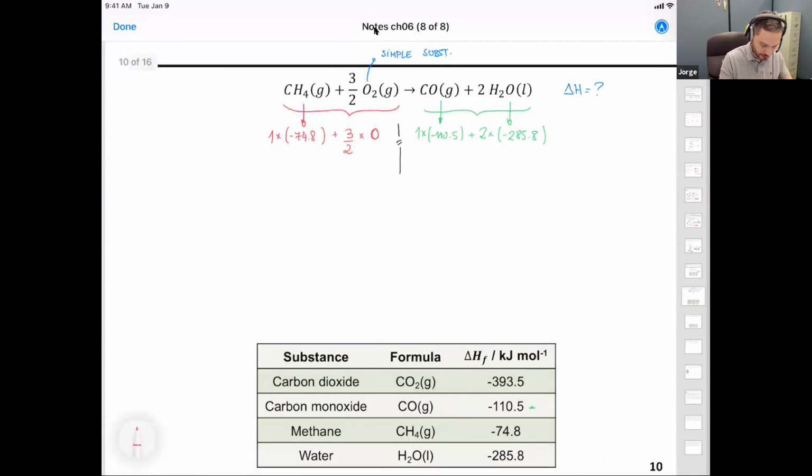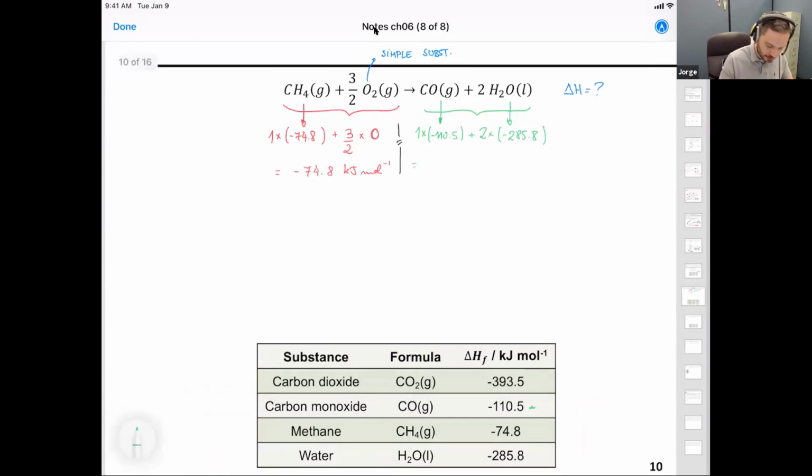Therefore, let's do the operations here. The energy level of the reagents is going to be minus 74.8 kilojoules per mole.